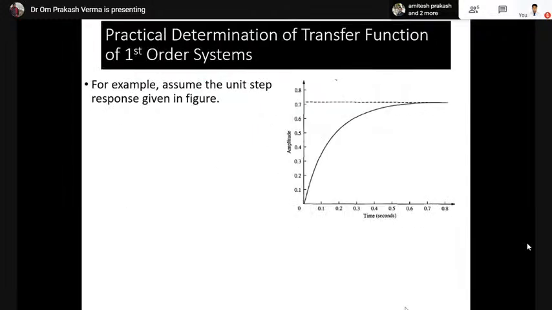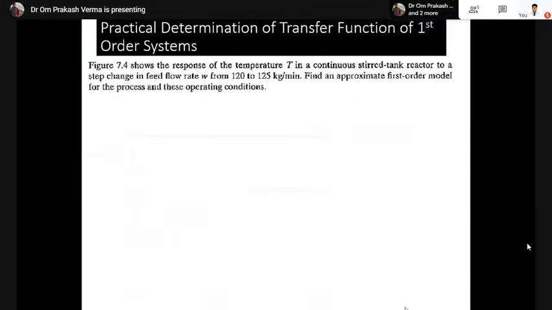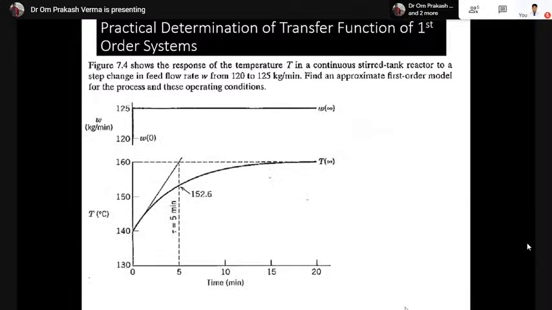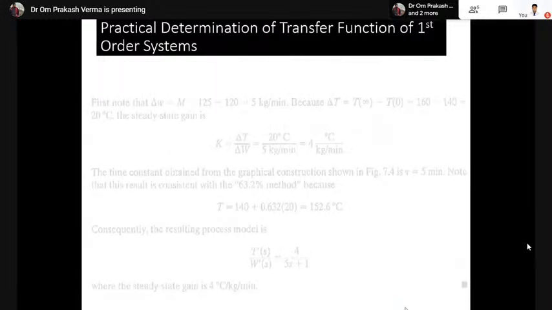Then we solved numerical problems of real-time problems, a step change of flow and its effect on the temperature, and we developed a first order process model for this process.